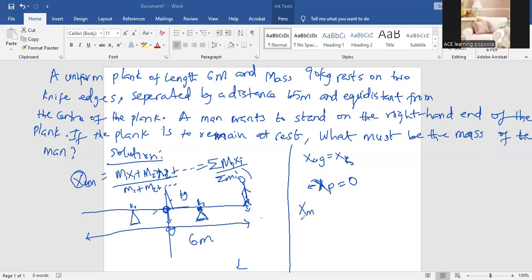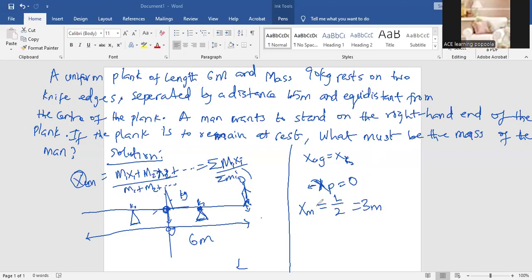So the center of gravity of the man from where he is, the distance here, is going to be the length of the plank divided by 2. The original center of gravity of the plank we take as 0, the origin. Other distances are with respect to this origin, like the distance of the man, which is L over 2, which is 3 meters.